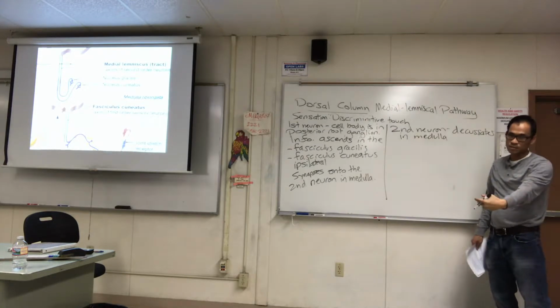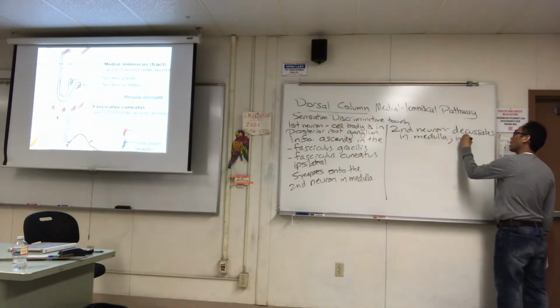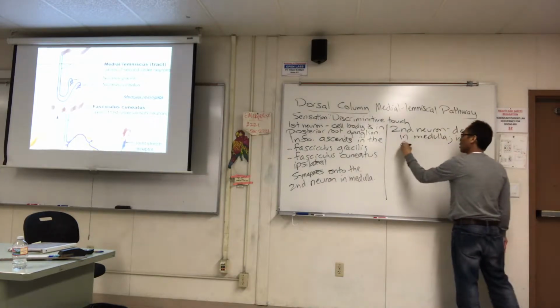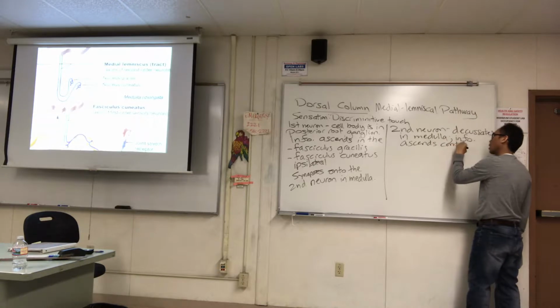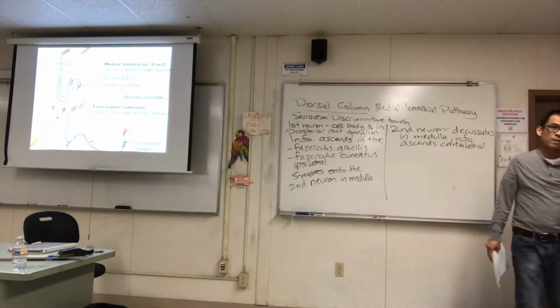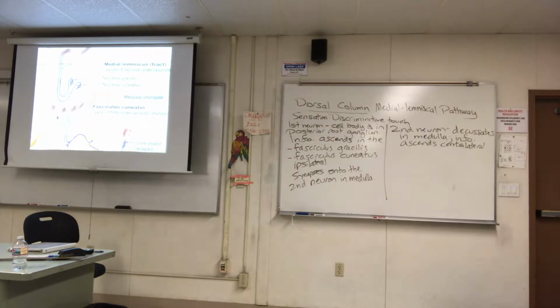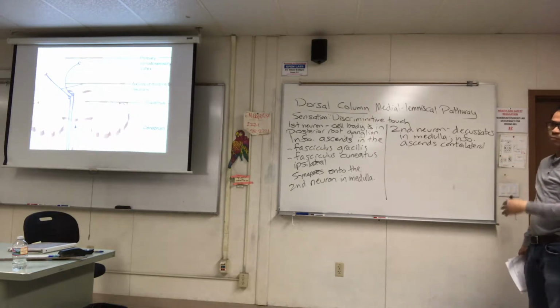Started on one side, now it's on the other. And if you follow the contralateral ascension all the way up through the different parts of the brain, you follow it up all the way to the third neuron, which is in the thalamus inside the brain.